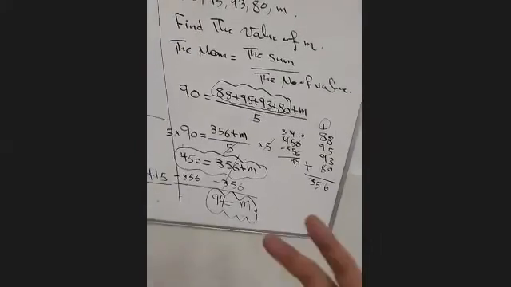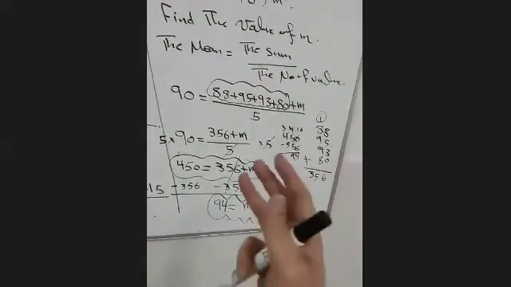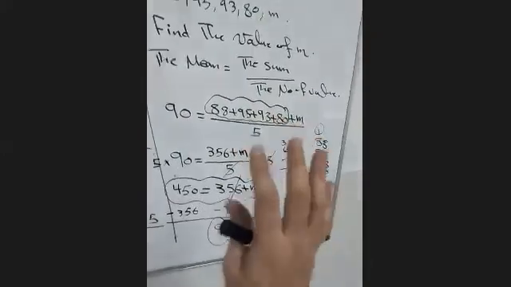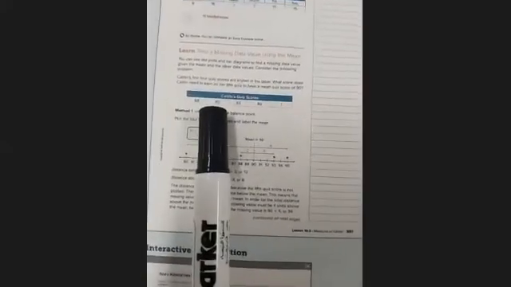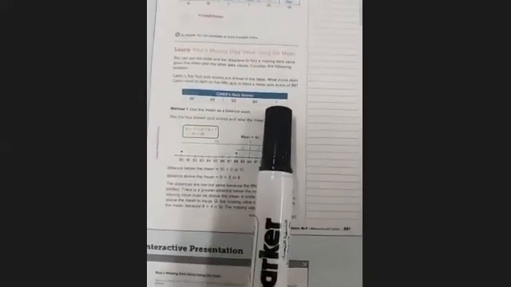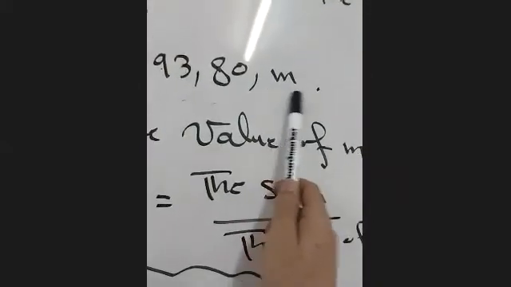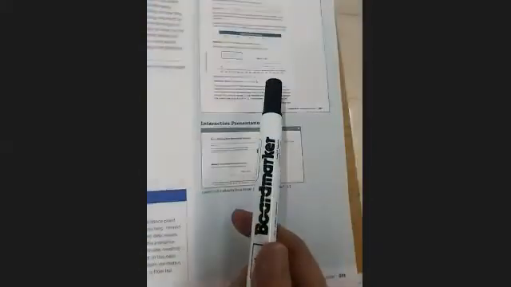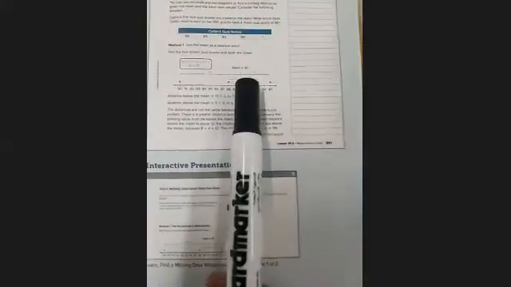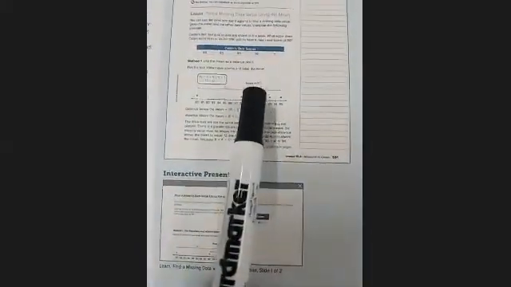Now I did it, guys, in the style of equations. The book did it in a different way. Let's see the book. I'm doing this one, the learn part. See the learn part? I took these numbers 88, 95, 93, 80, and the question mark, the unknown. I call it N, okay? And the book used the line plot from the previous lesson, which we didn't do.